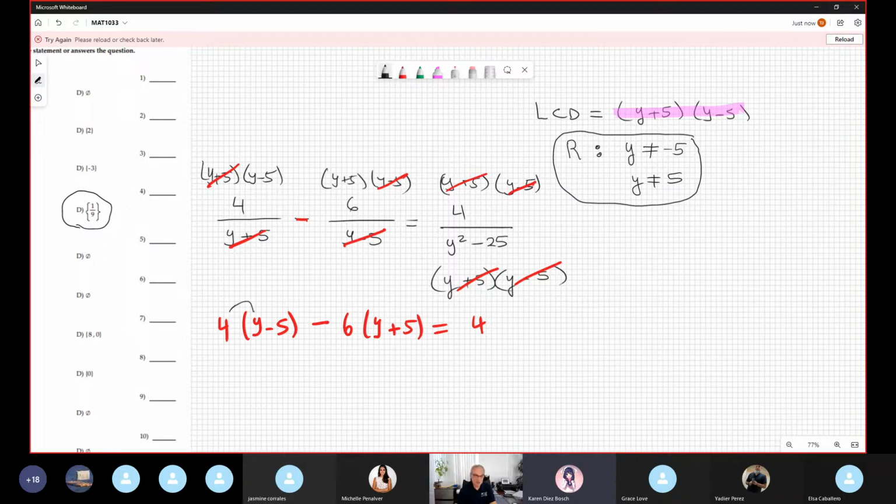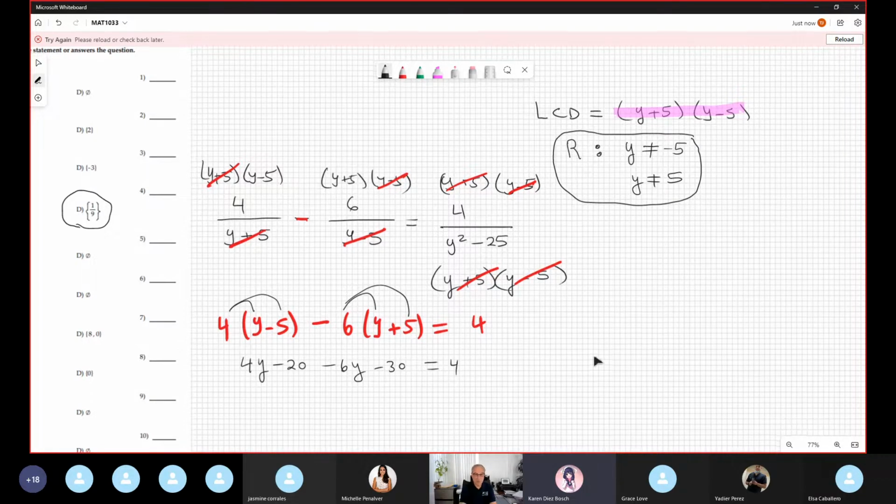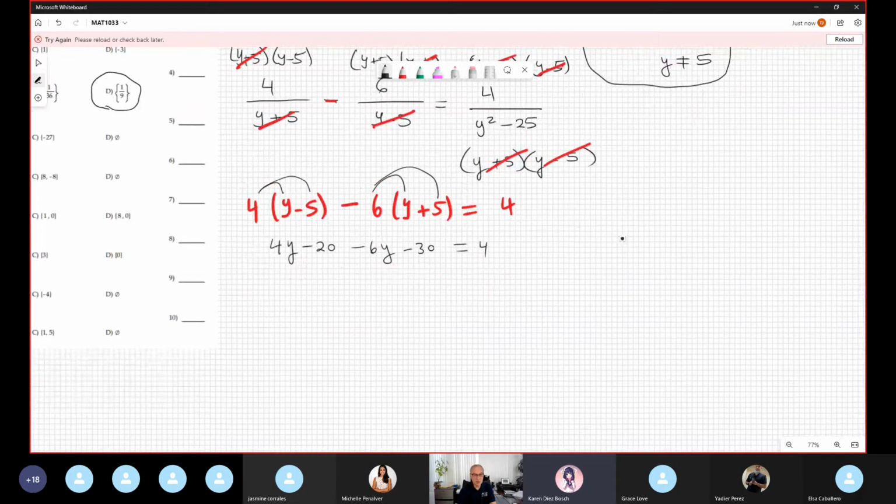You multiply this and this, this and this, 4y minus 20. This and this, this and this. Don't forget the sign is minus 6y minus 30 equal 4. Okay, positive 4 and negative 6 and negative 2. Negative 20 and negative 30 is negative 50, no?